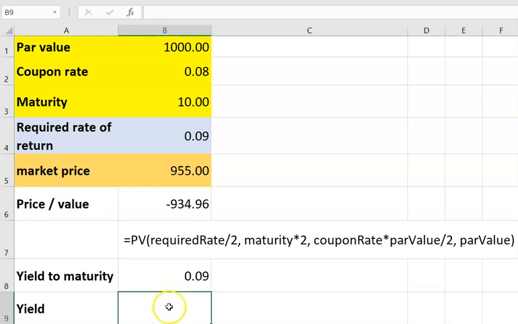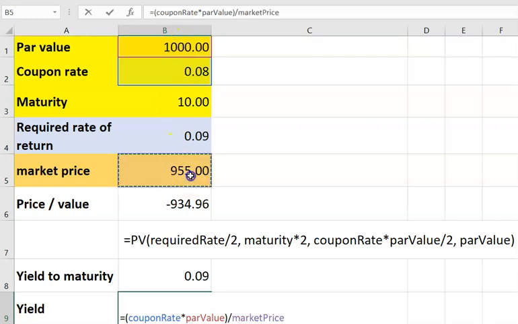Yield. The yield is going to be simply the interest payments divided by the price. So how much do I get paid each year? I get paid the coupon rate times par value. I get paid that, and I divide it by my market price.